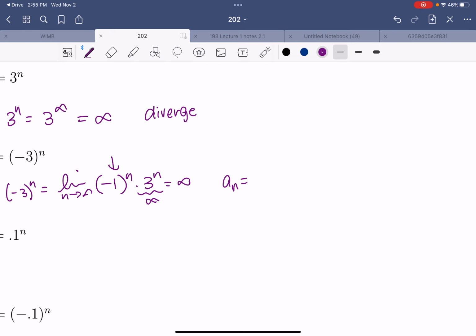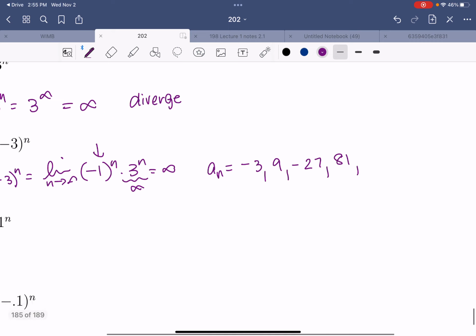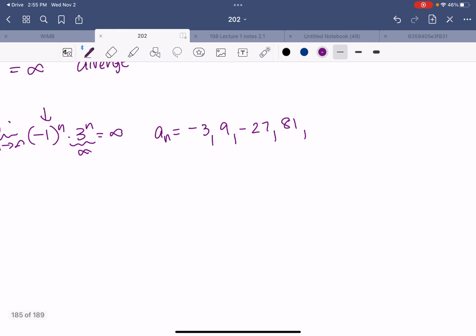So you start out with negative 3, then positive 9, negative 27, positive 81. And you can see what's happening. If you separate them, you get a negative 3, a 9, a negative 27, and 81. I don't even know what comes next. A negative 243.